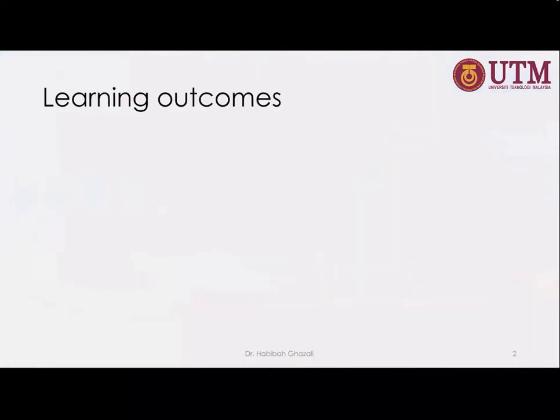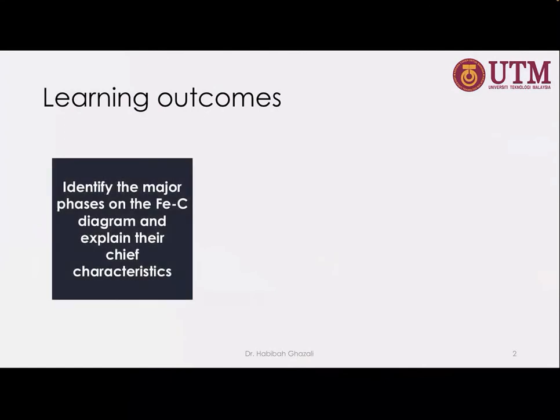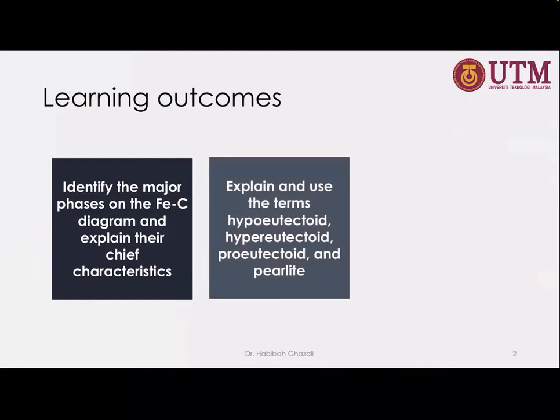So the outcome from this lesson, you should be able to identify the major phases on the iron-carbon diagram and explain their chief characteristics. How does it look like? Explain and use the terms hypoeutectoid, hypereutectoid, proeutectoid, and pearlite.